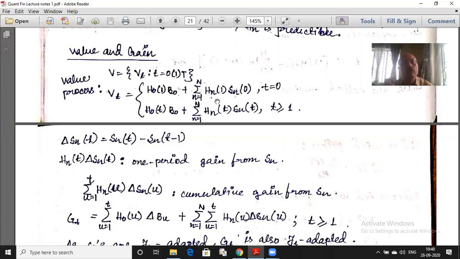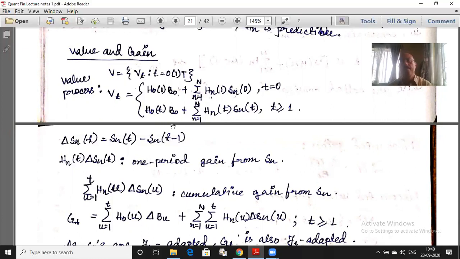So when I am at time 0, I am taking an initial decision on the trading strategy, but that initial decision will be valid till the start of time point 1. Even at time point 1, the same trading strategy will be carried over. That's why it is indexed by t equal to 1. That's why V_0 here is defined in a different manner than all the other V_t's.